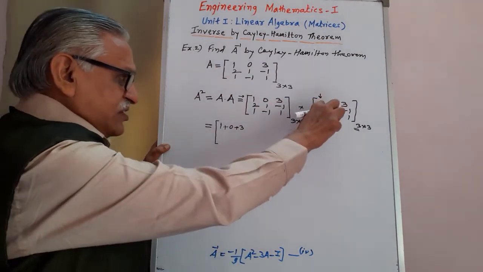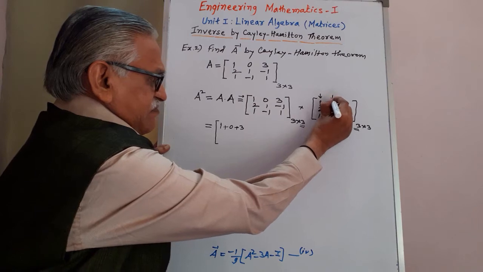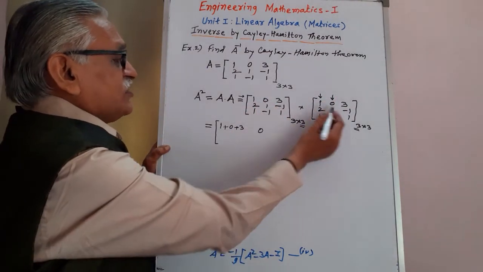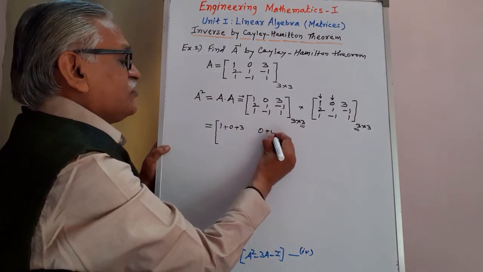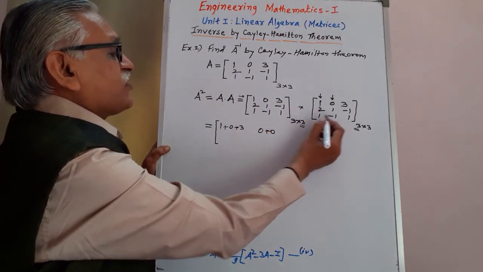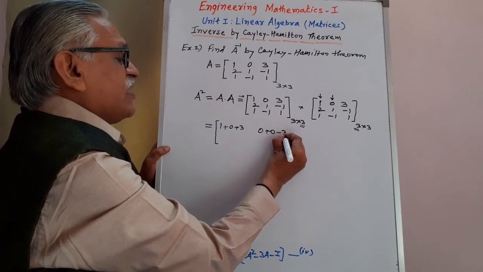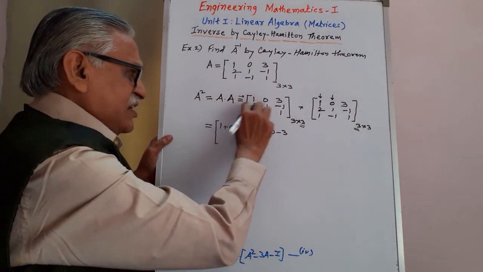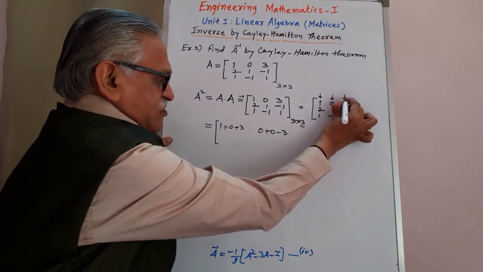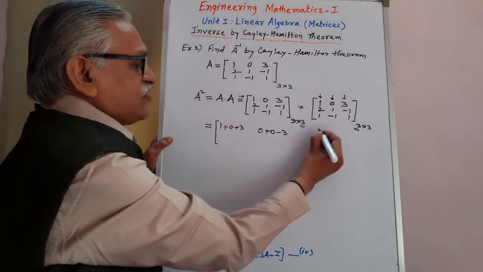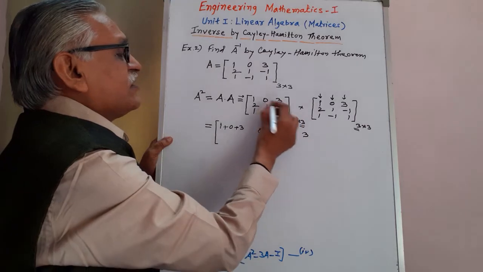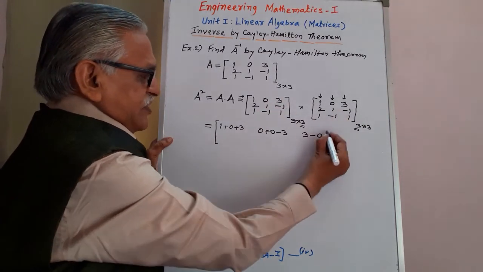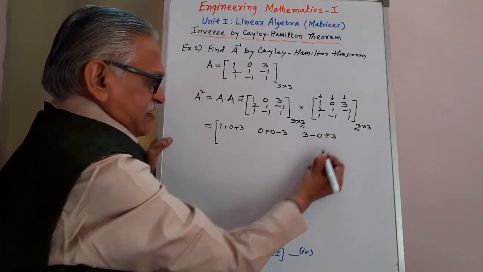Then the same row to the second column: 1 into 0, 0, 0 into 1, 0, 3 into minus 1 we get minus 3. Then the same row to the third column: 1 into 3, 3, 0 into minus 1, 0, and 3 into 1, we get 3.